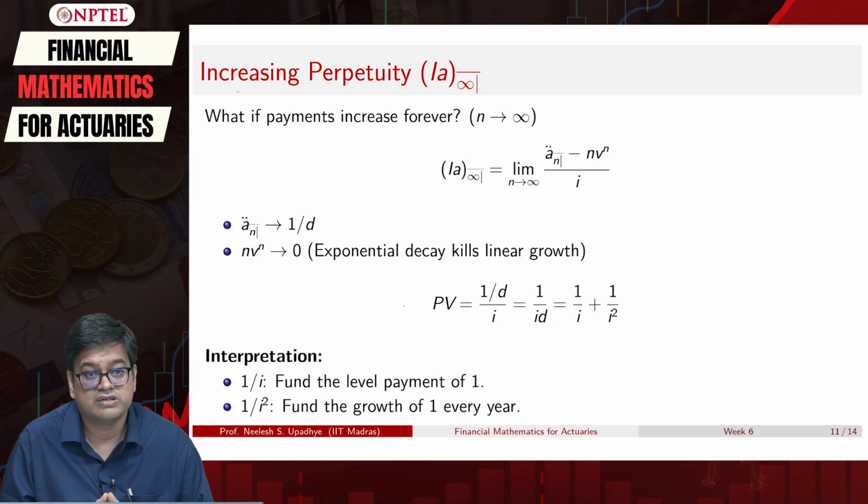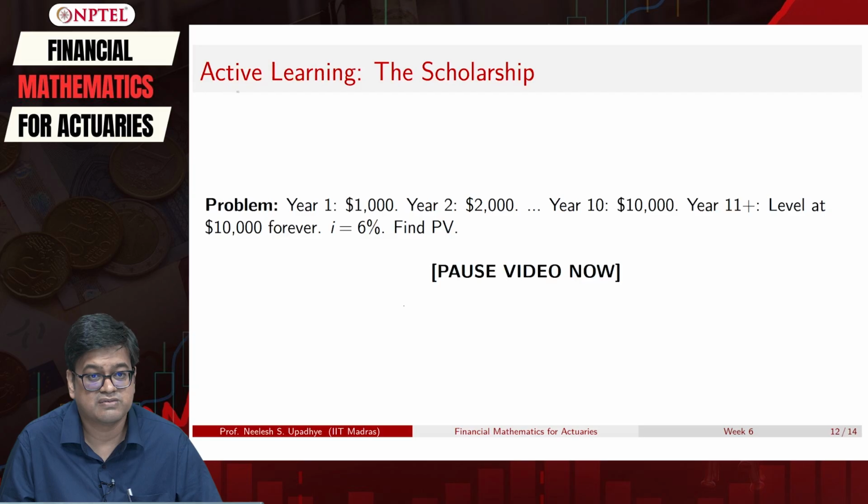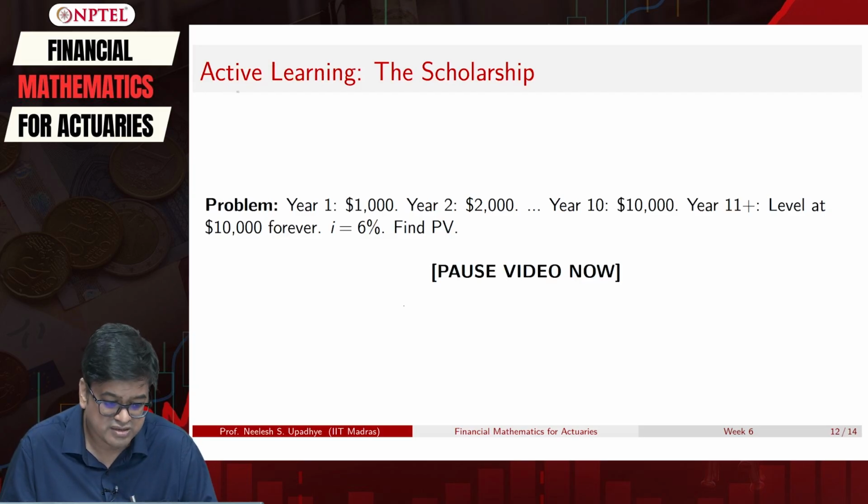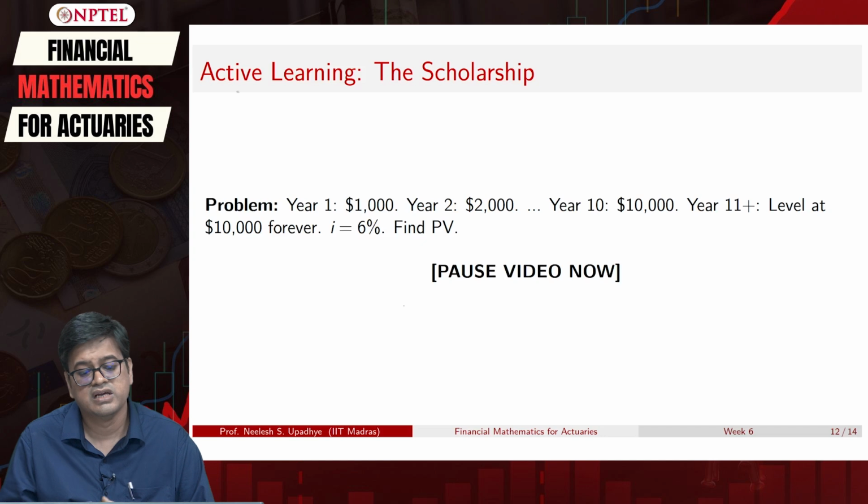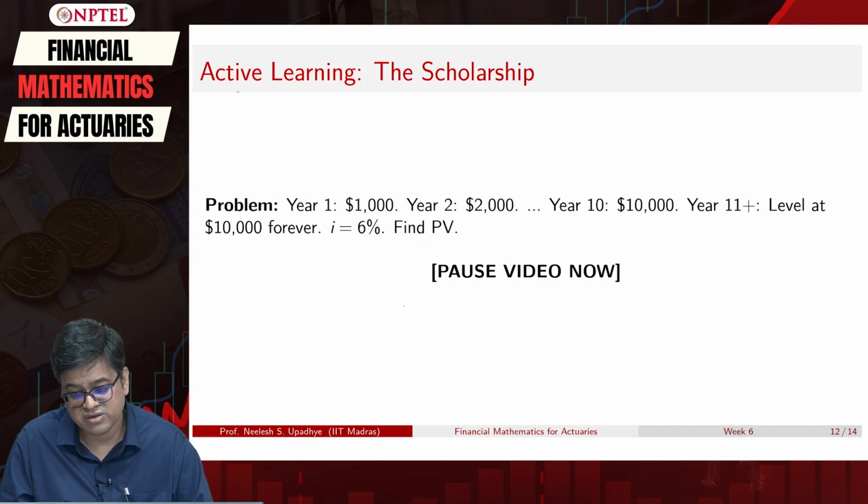Now, it is time for you to use whatever we have learned today. So, here is the problem where you will actually implement the strategies that we learned. So, it is a scholarship problem. Year 1 you are getting $1,000, year 2 you are getting $2,000.